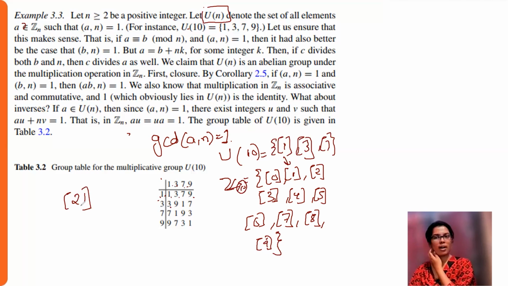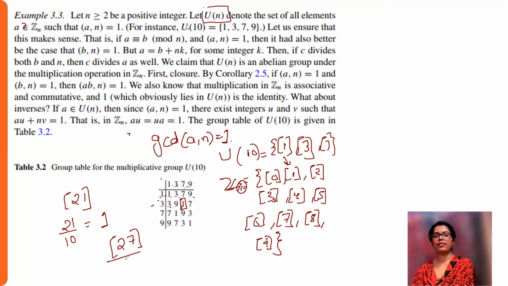Since we are talking about the multiplicative group modulo 10, we divide 21 by 10, and you get the remainder 1. Similarly, 3 multiplied by 9 is 27, and if you divide it by 10, you get 7. So if you look at all the possible values, you can say that U10 will form a group.